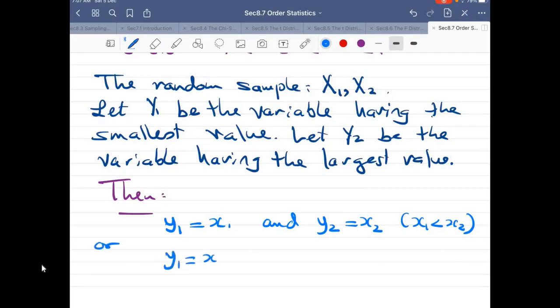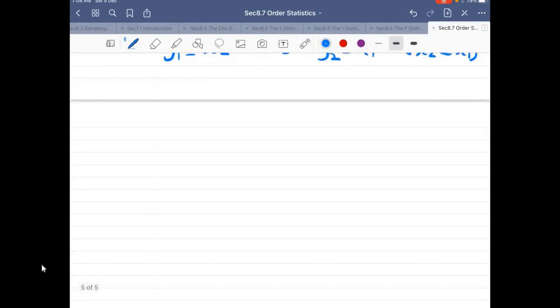Or I can have y1 is x2 and y2 is x1, so the smallest is x2 and the largest is x1. This will happen when x2 is less than x1. So with two random variables x1 and x2, y1, the smallest, could be x1, or it could be x2.